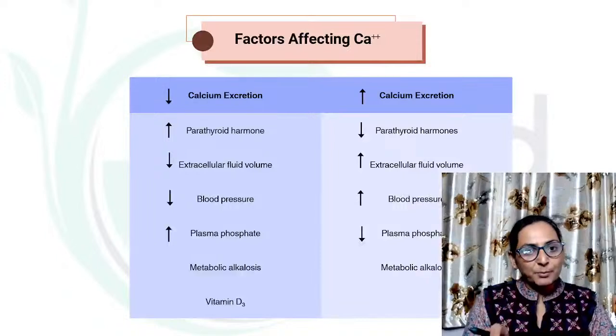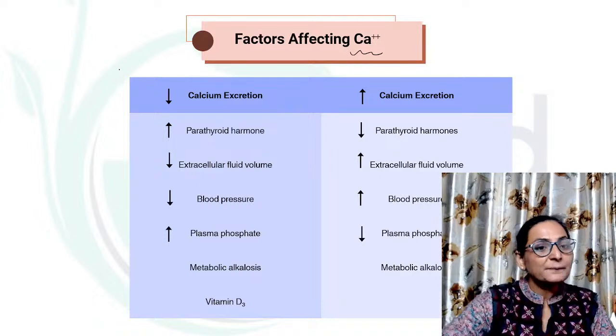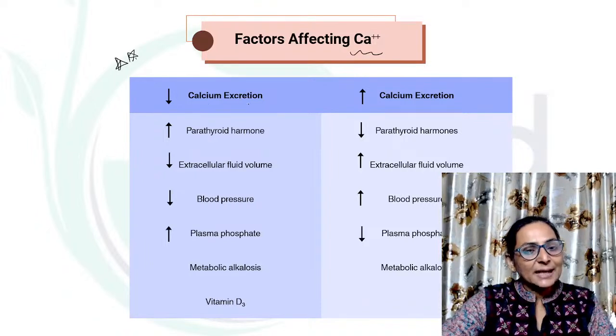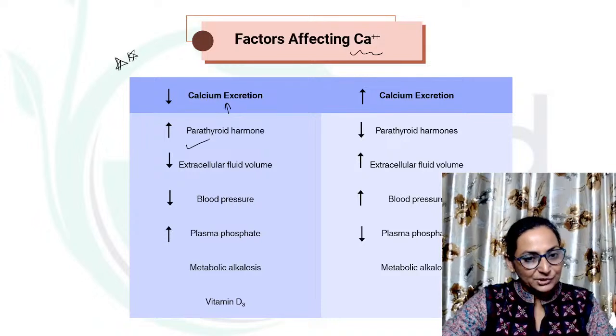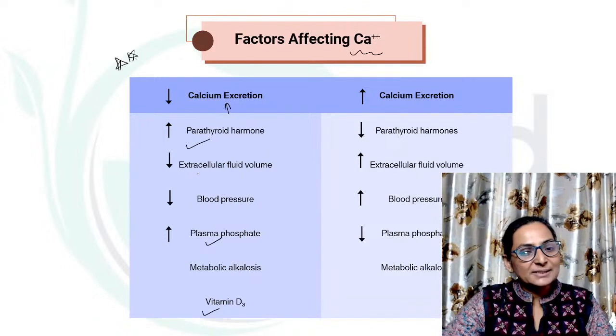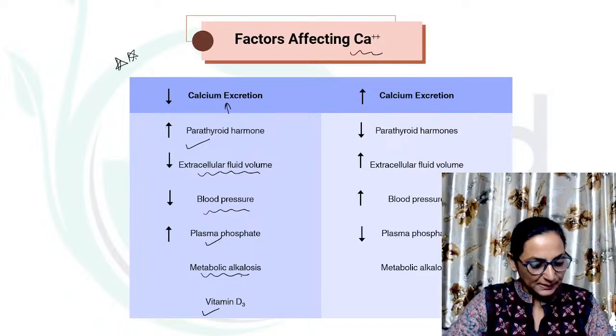Now, next important, certain factors which affect your calcium level. This is also an important MCQ related to electrolytes. A decrease in calcium excretion, that means you are increasing the plasma level of calcium, occurs with PTH, phosphate, and vitamin D. Apart from this, it also occurs whenever there is a decrease in the ECF volume, decrease in blood pressure, and with metabolic alkalosis.